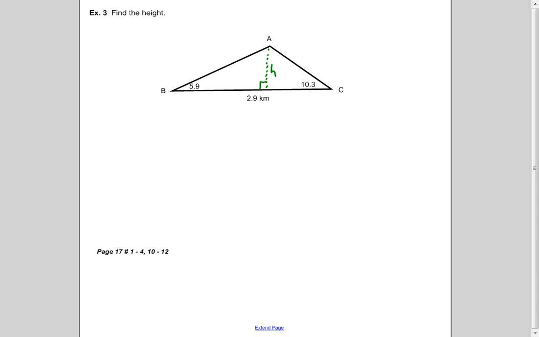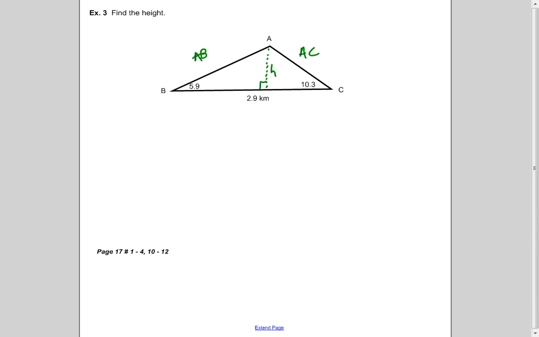It would be false to just divvy that 2.9 in half because it's not exactly in the middle. So we have to find lengths on either AC or AB that we could use in one of those two right angle triangles to find the height.